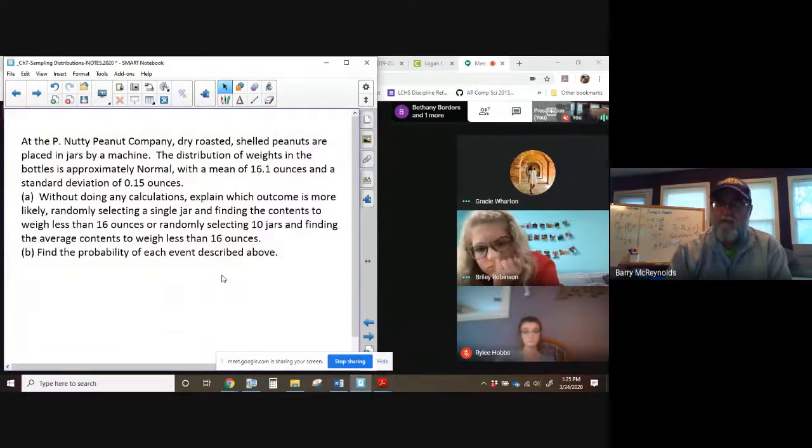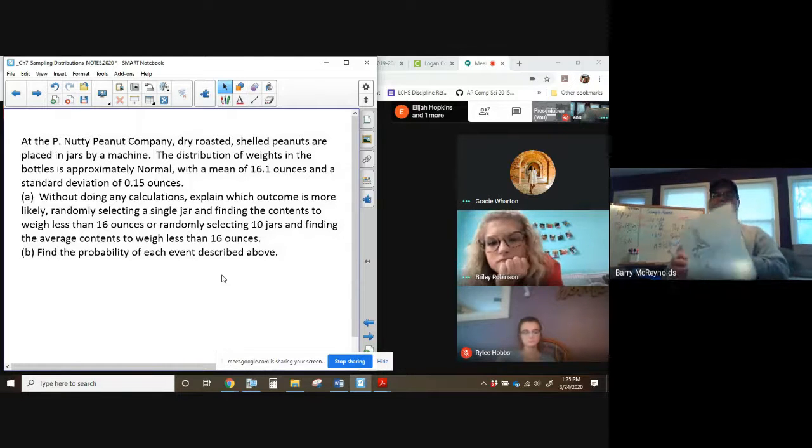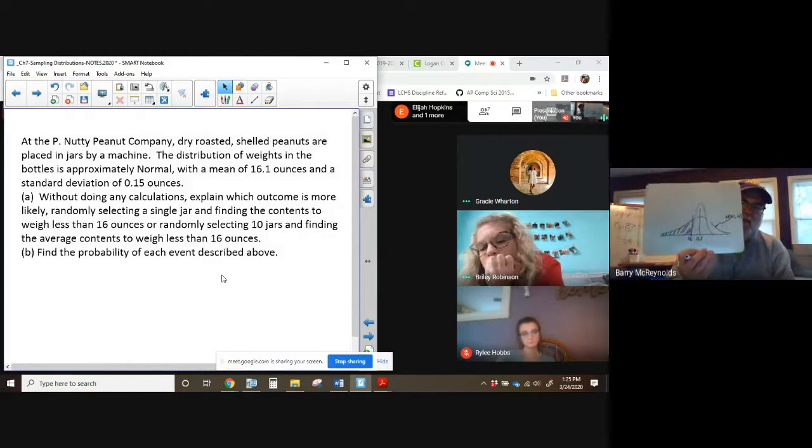And so what that means is the more samples I take, the more likely it's going to be really, really close to the mean. And we can see that now as I color in the little piece of the curve that is to the left of the 16 ounces.